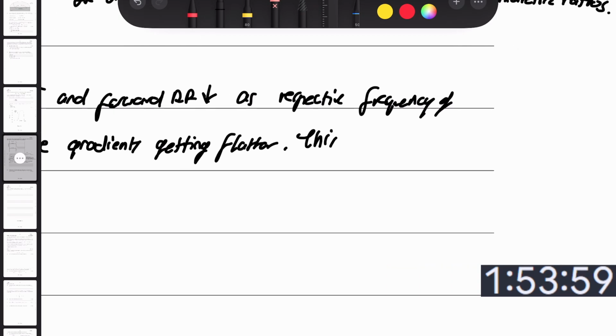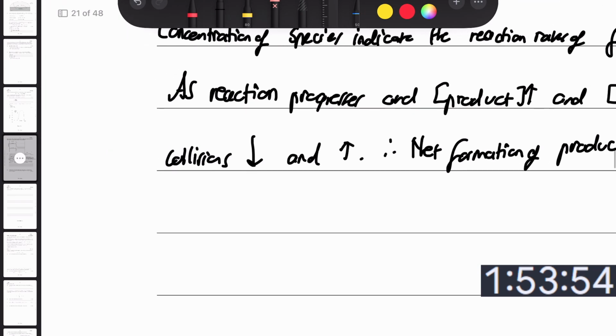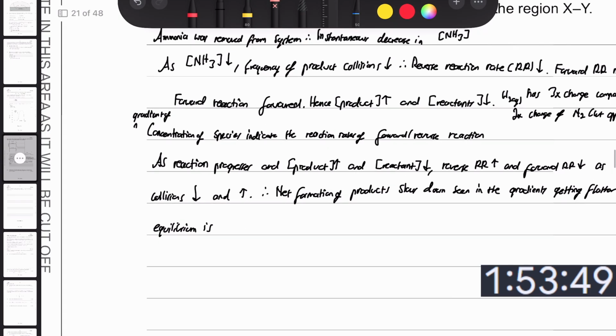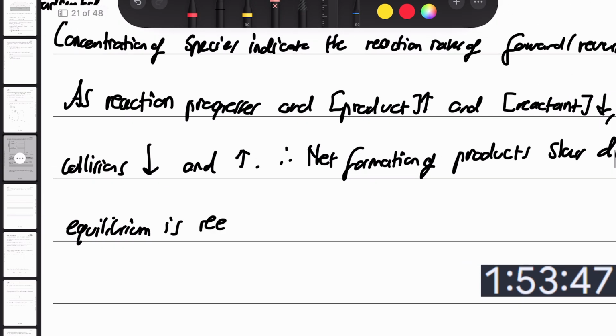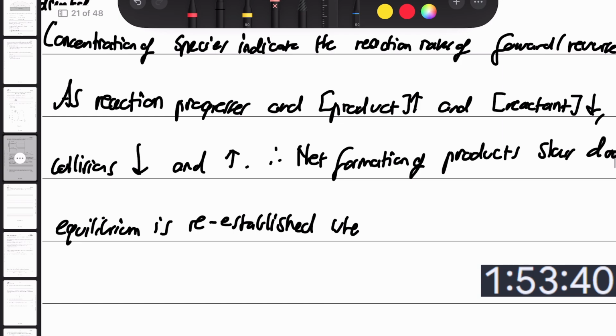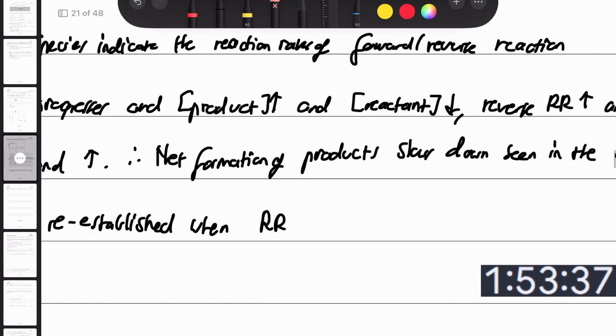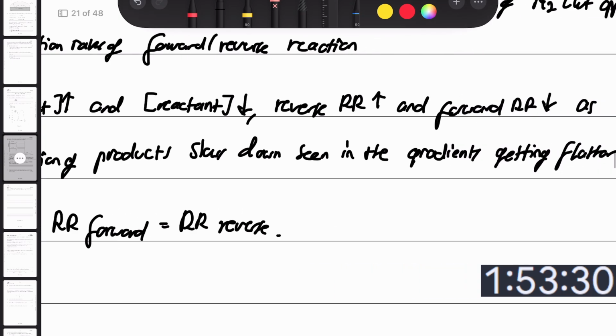This occurs until equilibrium is reestablished, when reaction rate of forward equals reaction rate of reverse. The system is then in dynamic equilibrium.